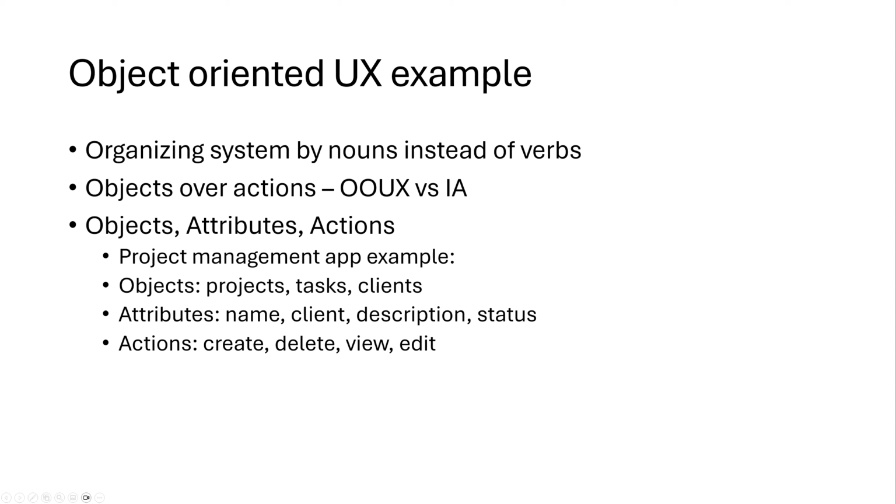But in this, we use objects, attributes, and actions to separate out the content. And I have an example here for a project management app. So objects would be your projects, tasks, clients. Attributes are names, clients, descriptions. Actions, create, delete, view, or edit. And these are just basic ones. Now, what does this look like in an information architecture?